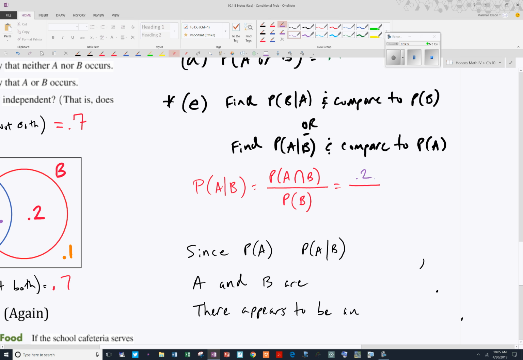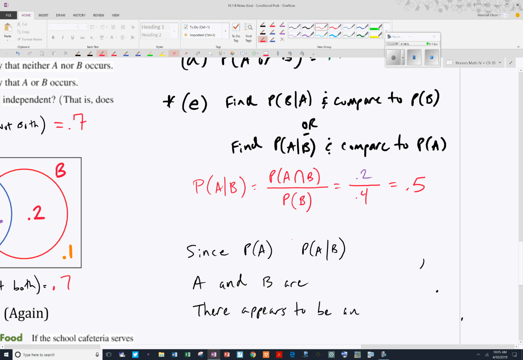What's the probability of B? Careful. It's 0.4, right? So this is 1/2, 0.5. So the probability of A, given that B has happened, is 0.5. What was the probability of A without B happening? 0.7, right? Probability A is just 0.7, right?